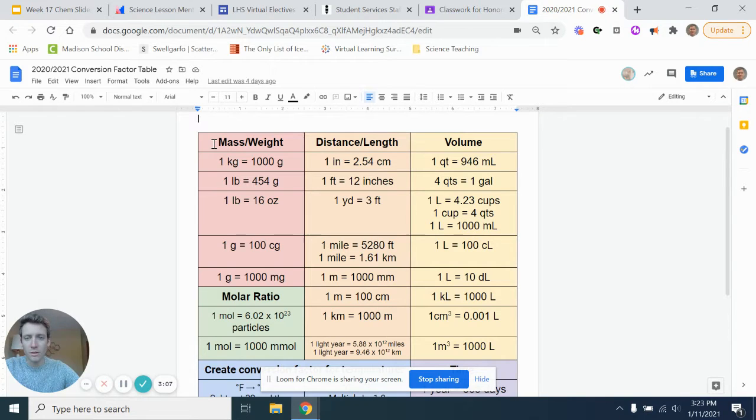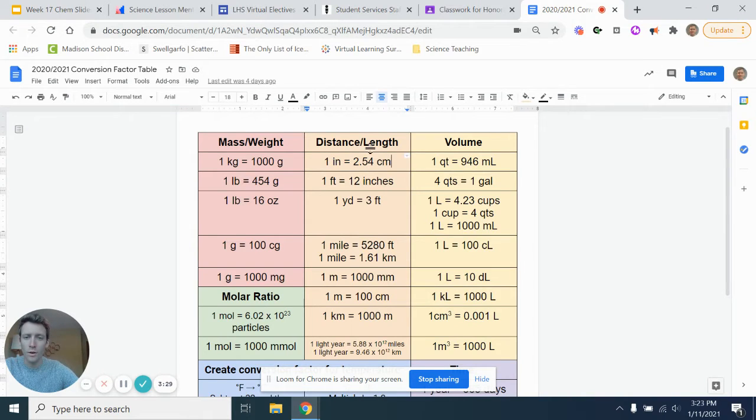This table has all the units you're going to need for your dimensional analysis problems. I'm looking for one that links inches to centimeters. So I know it's a length, it's a distance, a measurement of distance. So I'm going to look in the orange, and sure enough, it's the first one. 1 inch is equal to 2.54 centimeters. So this is my fraction.